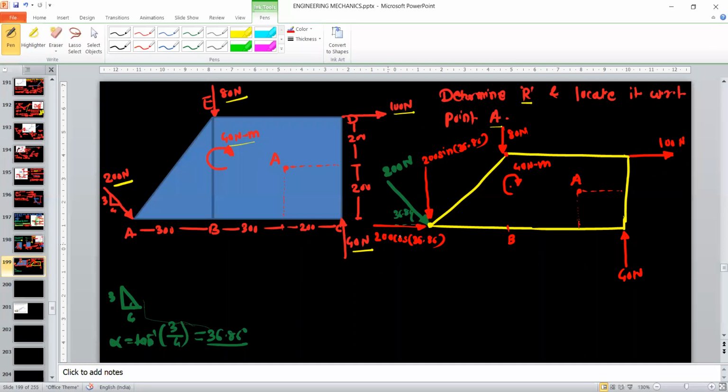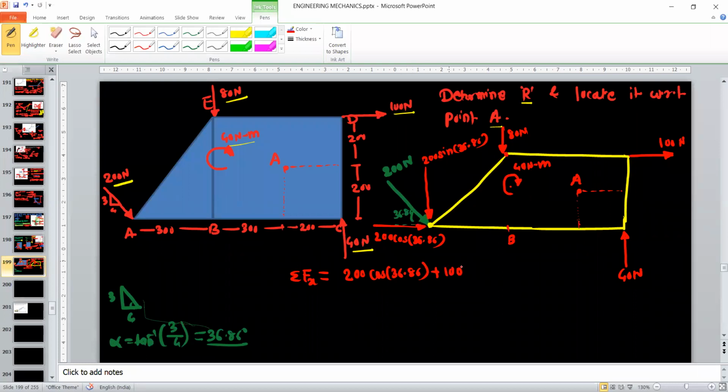After resolution, you can write summation Fx. For summation Fx, this is the first component, towards the positive x direction. So it is 200 cos 36.86. The next is 100.